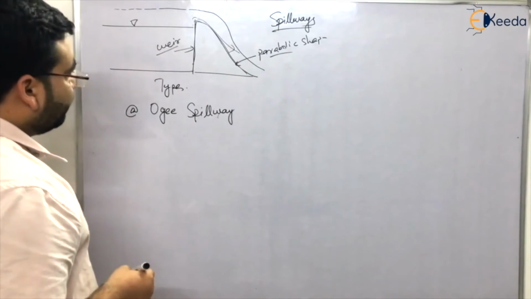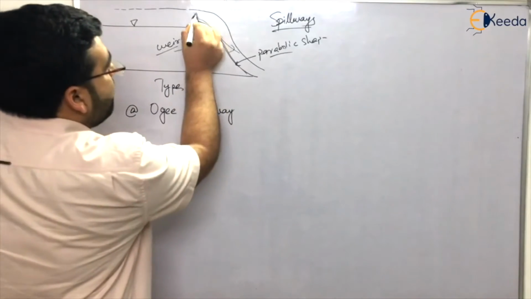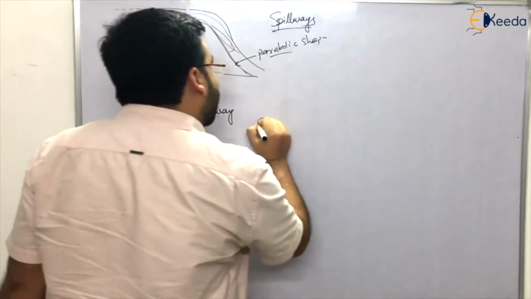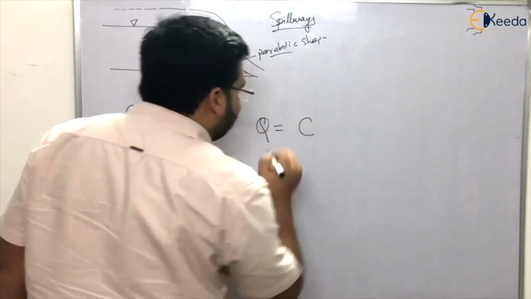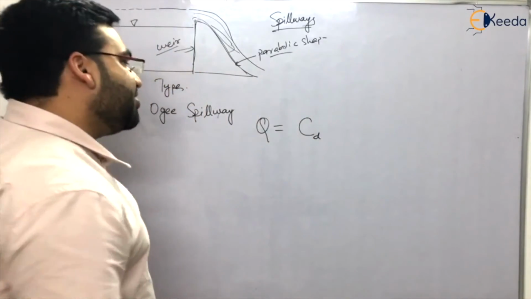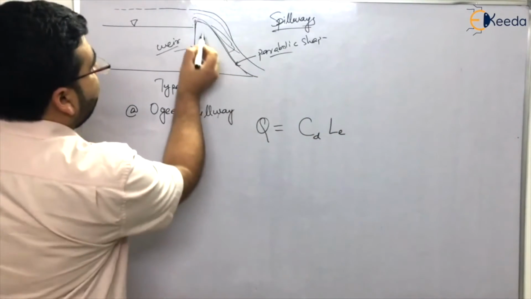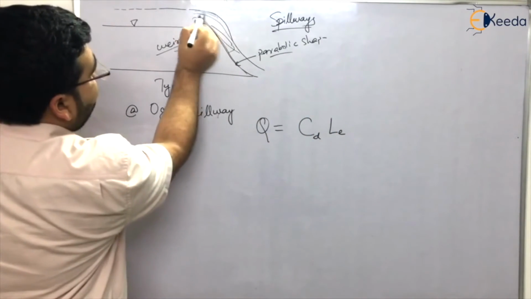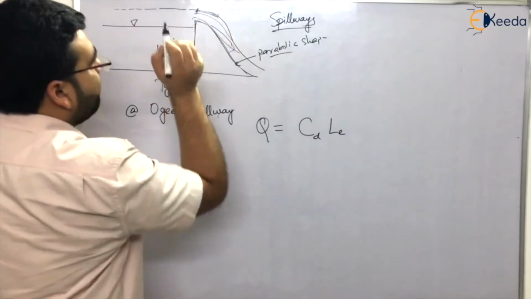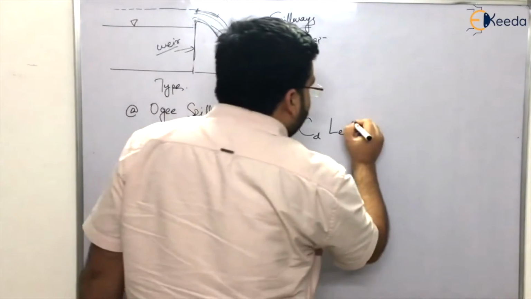Now, sometimes questions are asked about the discharge of an Ogee spillway. How much will the discharge be? The discharge in an Ogee spillway is given by C_d, the coefficient of discharge, into L_e. What is L_e? L_e is the effective length of the crest. This is the crest of the spillway, and the effective length will generally be given to us in the question.